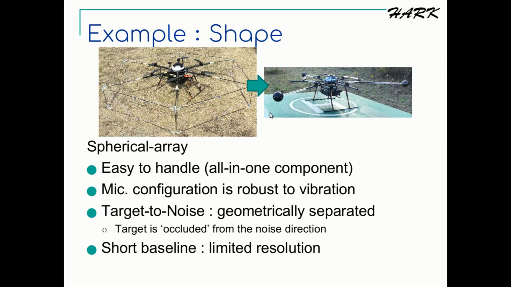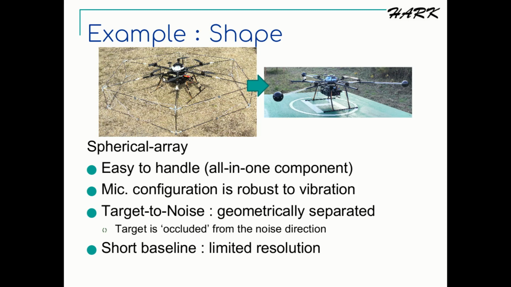The all-in-one module type array is easy to attach and easy to handle, so it's convenient to utilize. Its structure can be rigid compared to the larger omnidirectional type array, so it's very robust to vibration during the drone flight. On the other hand, the distance among microphones will be limited, which may limit the performance of the array for sound source localization.